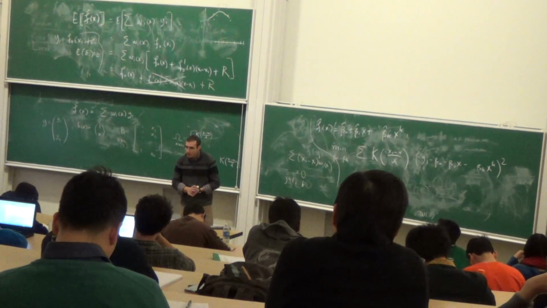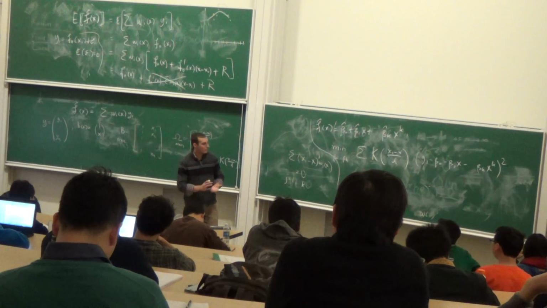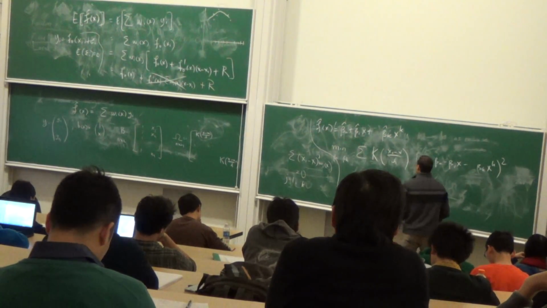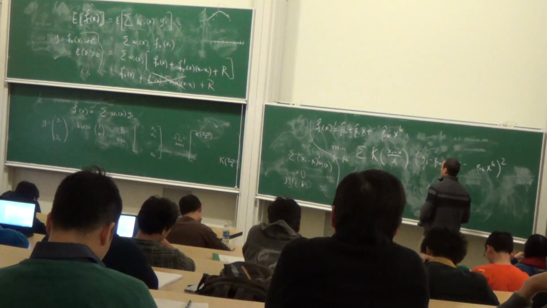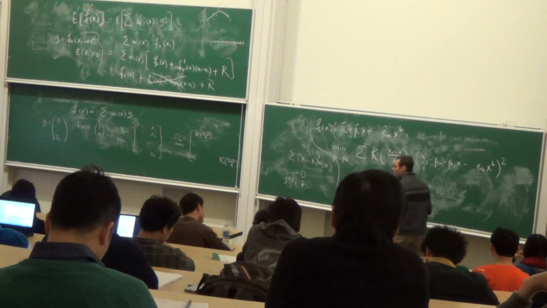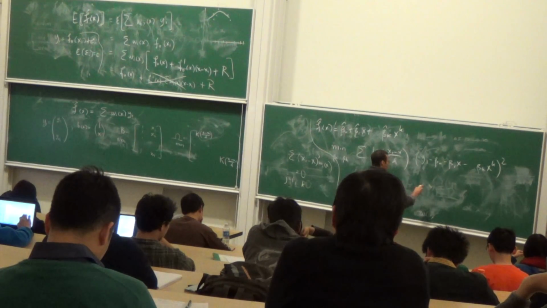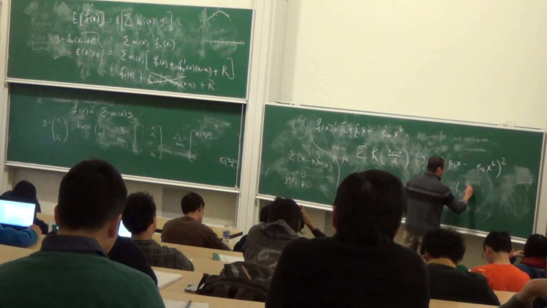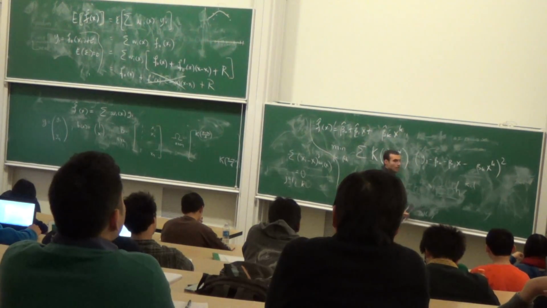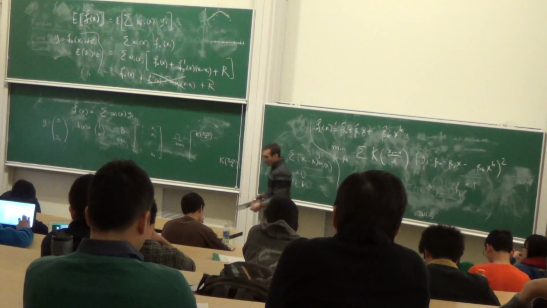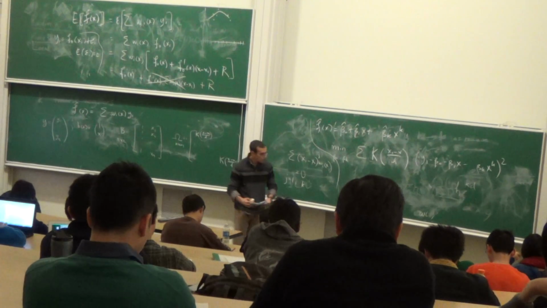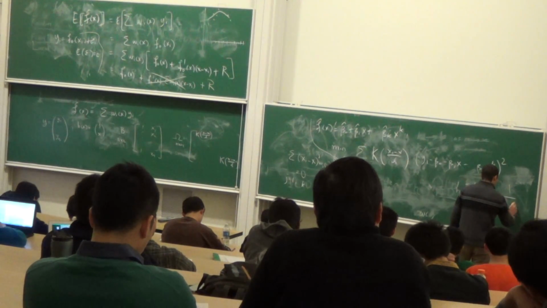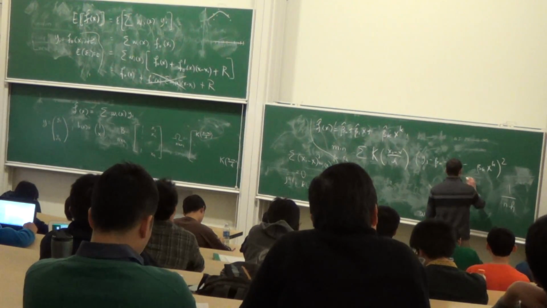So the bias and the variance, I'll just tell you the answers. The bias is essentially going to look like h to the k times d. And the variance is going to be like 1 over nh, under some assumptions.